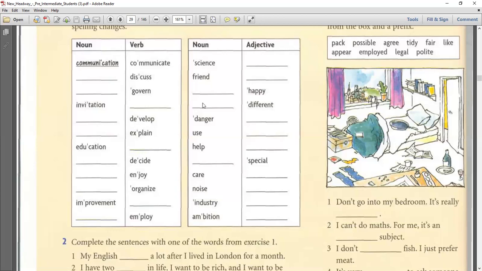The noun is difference. Danger, dangerous. Use, useful. Help, helpful. Special, specialty. Care, careful. Noise, noisy. Industry, industrial. Ambition, ambitious.